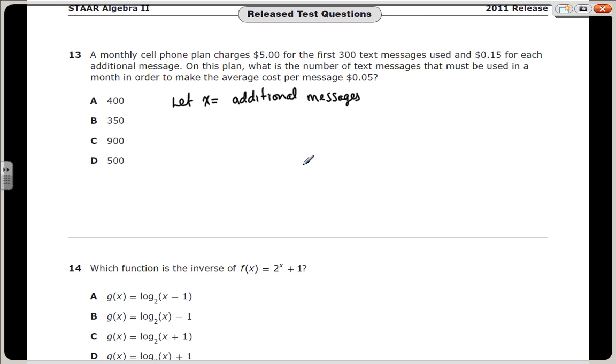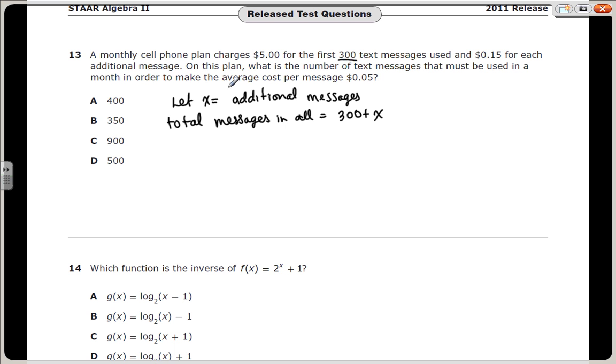All right. So the total number of messages you're going to have, so total messages in all, is going to be your standard 300 plus the X messages.